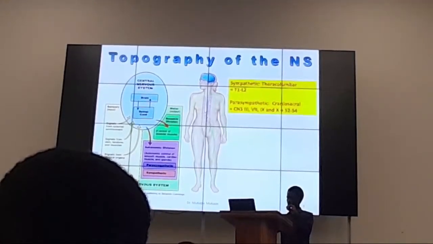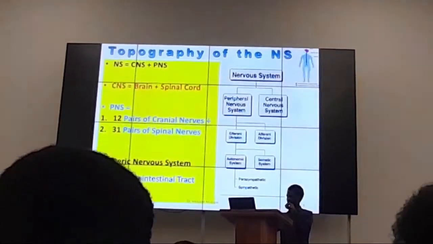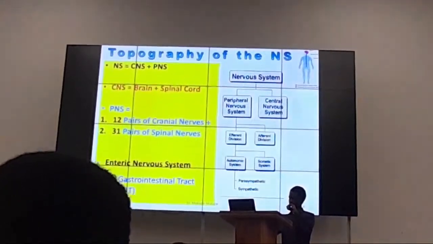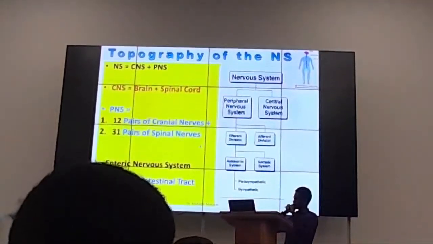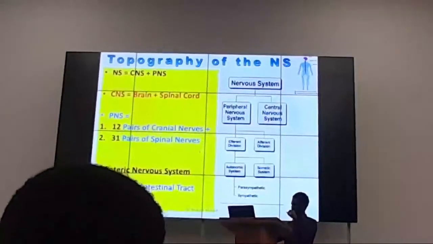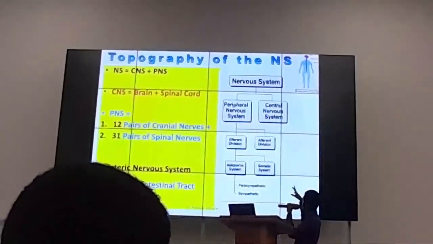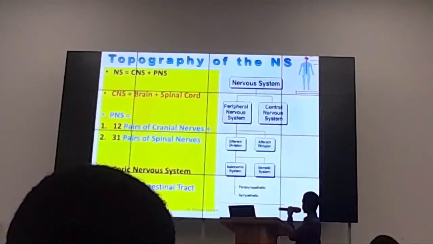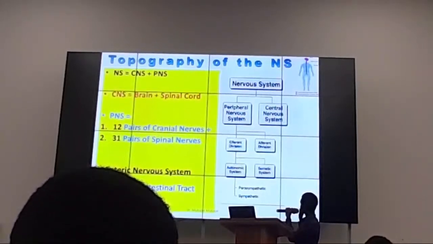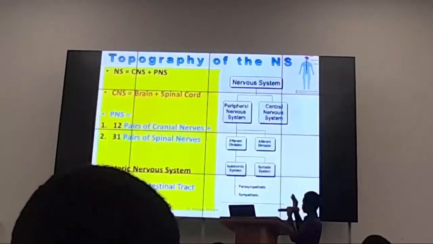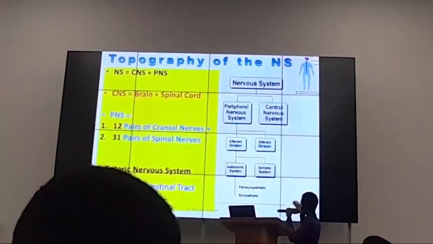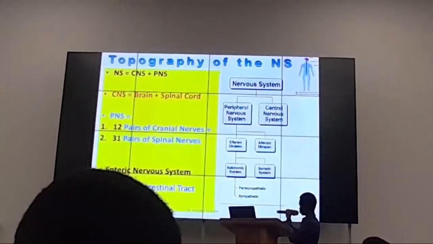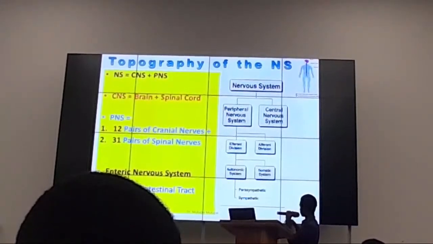Okay, so that's that. We have this topography again. We have already highlighted this. So we can see the anatomical classification of the nervous system. Peripheral, CNS, efferent, afferent. Efferent, autonomic, which is para and sympathetic, and then somatic system.